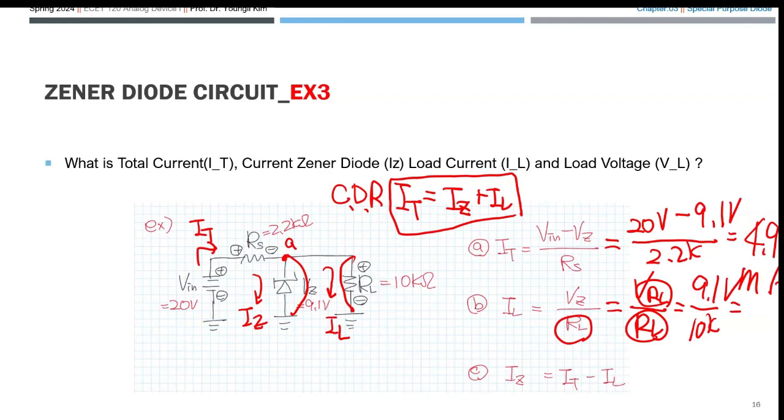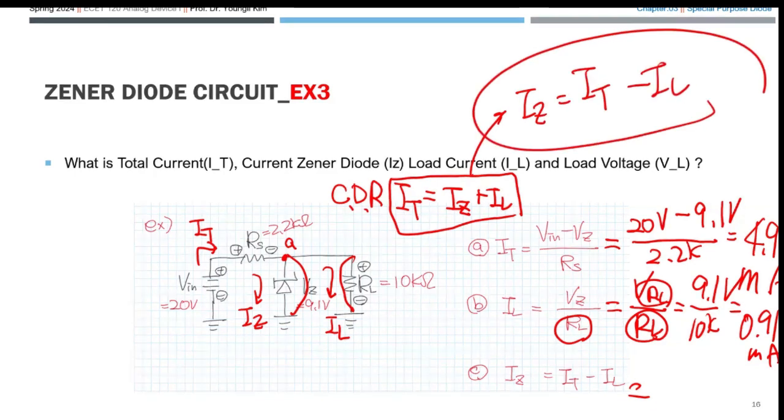So 9.1 divided by 10 is 0.91 milliamp. So what is I sub Z? I sub Z is I sub T minus I sub L. I sub T is what we calculated before, 4.9 milliamp, and I sub L is 0.91 milliamp.